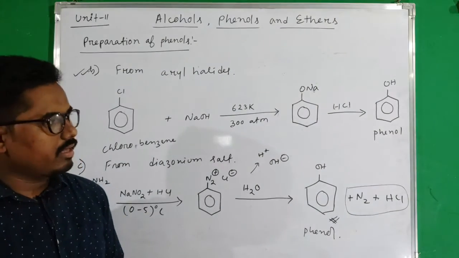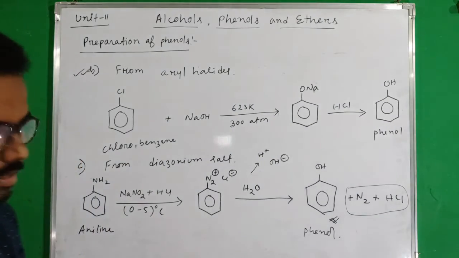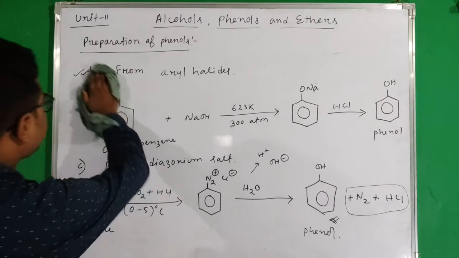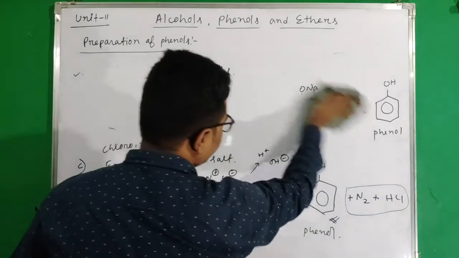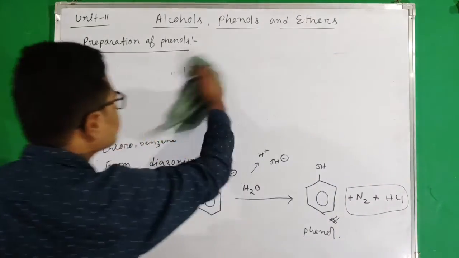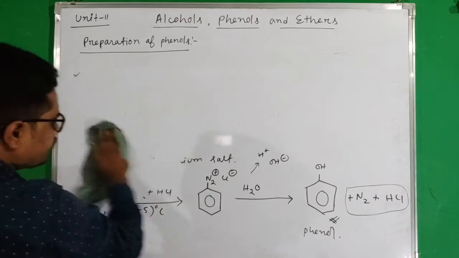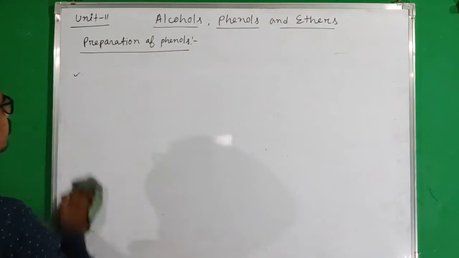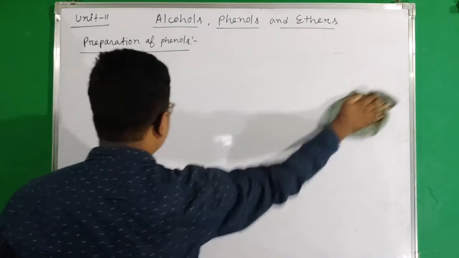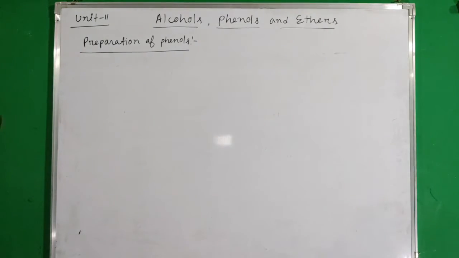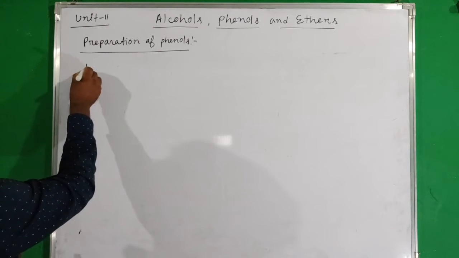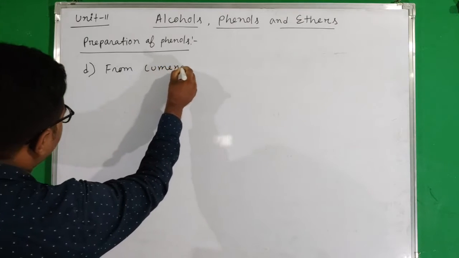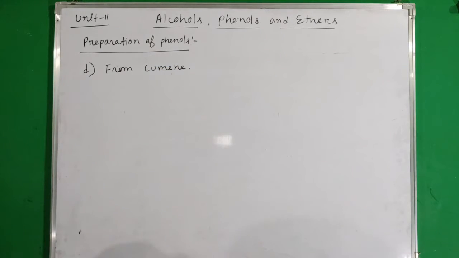Then the next method, number D, is from cumene.